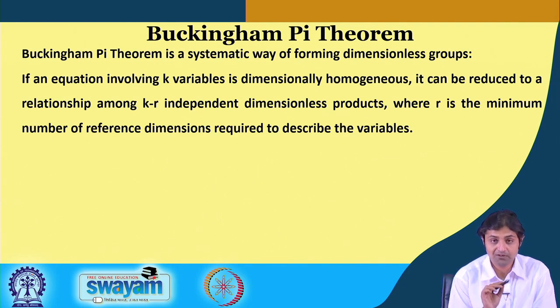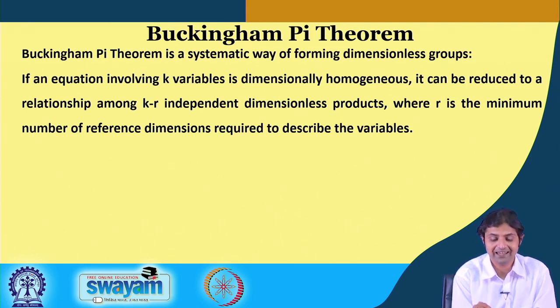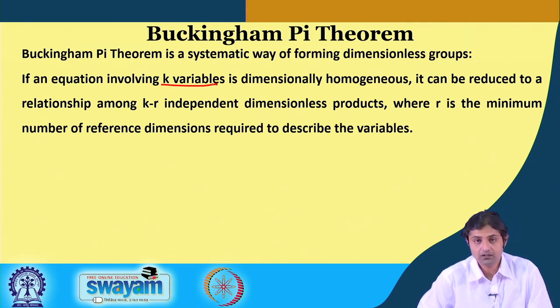I will underline the important things. If there is an equation that we have been writing before, that involves in total k variables. Of course, an equation should be dimensionally homogeneous, that is why this is there.